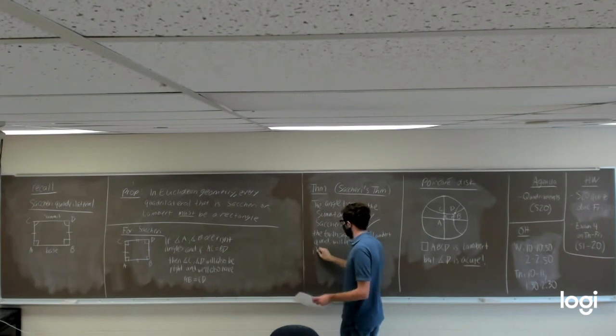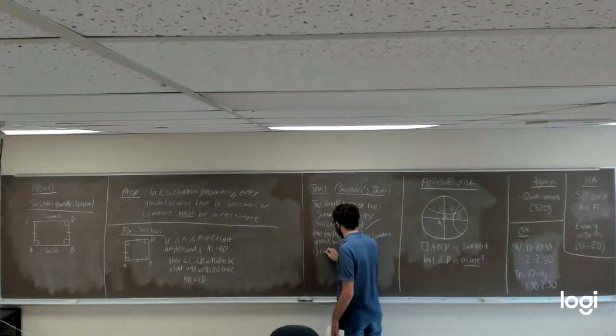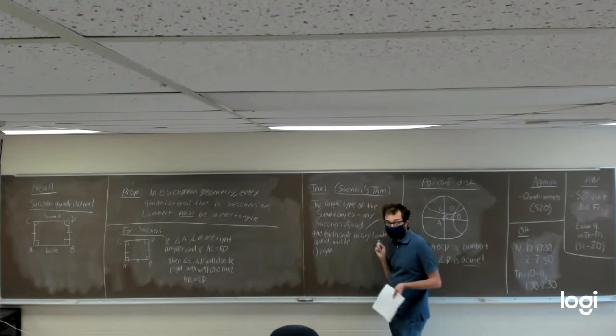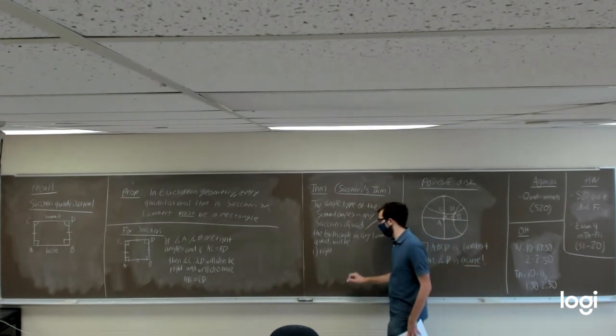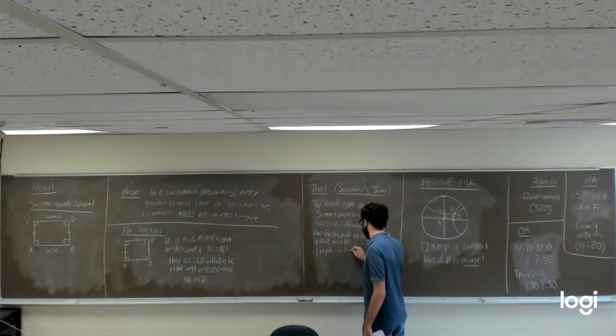all of these are going to be, first of all, right angles if you're looking at Saccheri or Lambert quadrilaterals in Euclidean geometry.